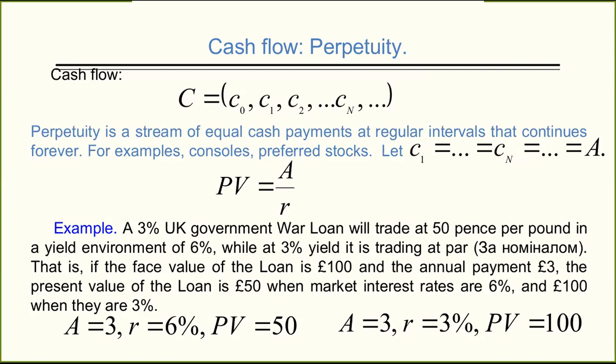So you should, for example, find what the present value will be if you would like to get $1,000 at the end of every year. And you know, for example, that the percent at the bank is 5%.